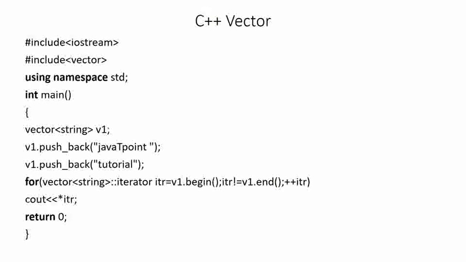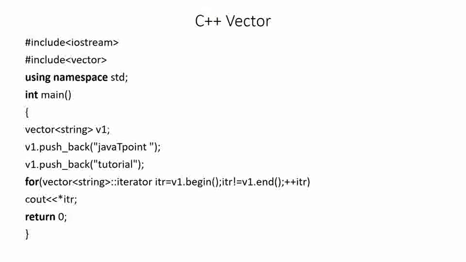So here we take a simple example. In that program, we basically study 2 to 3 components of STL. Here we study container, that is vector as a container, because vector is a part of container.